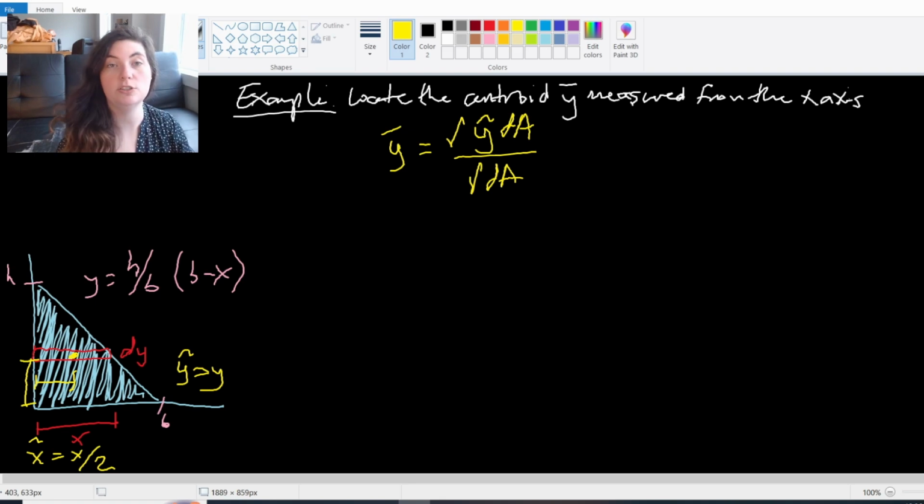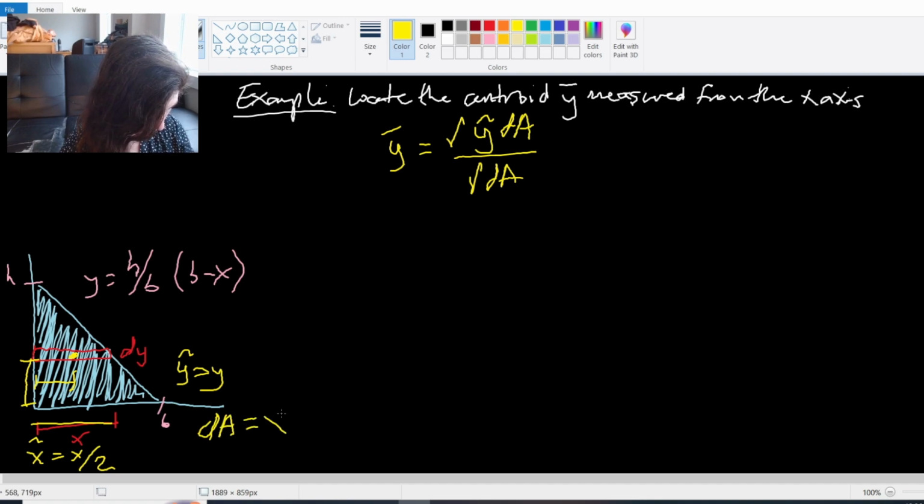My dA, which is the area of that rectangle, x times dy. And then the last piece I'm missing, what I'm integrating over, is this entire height along here. The dy differential goes from 0 to h.